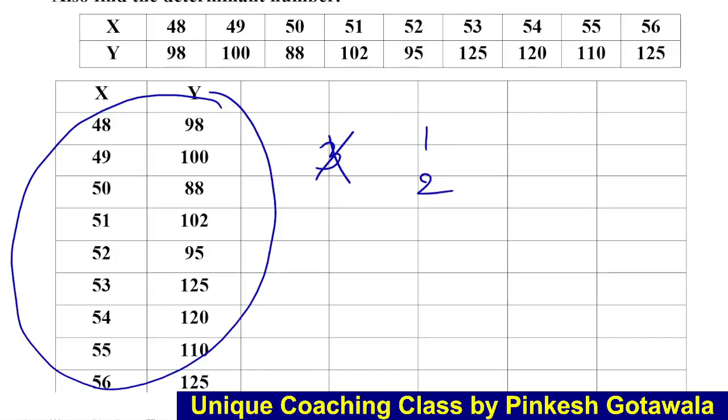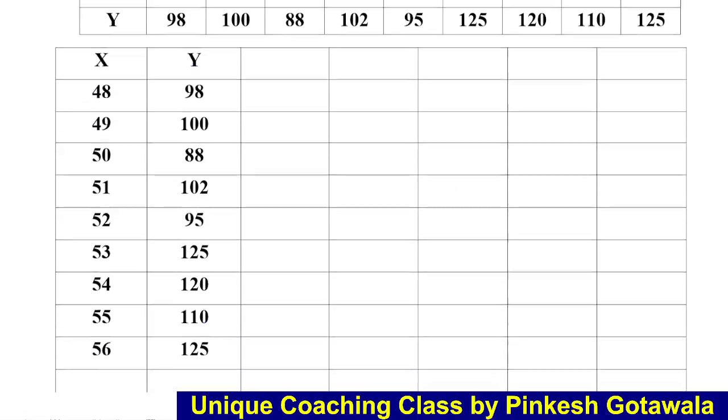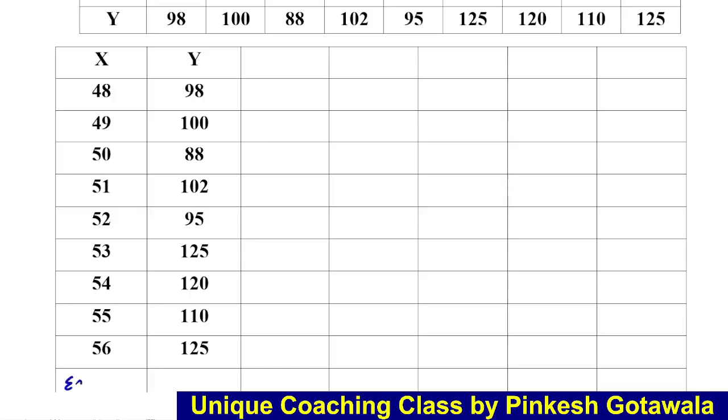So possible are the first and second, and it depends on x bar and y bar. So first of all, we are going to find out the values of x bar and y bar and then decide which formula would be applied, first or second. To find out x bar and y bar, we have to total x and y. So let's total them.